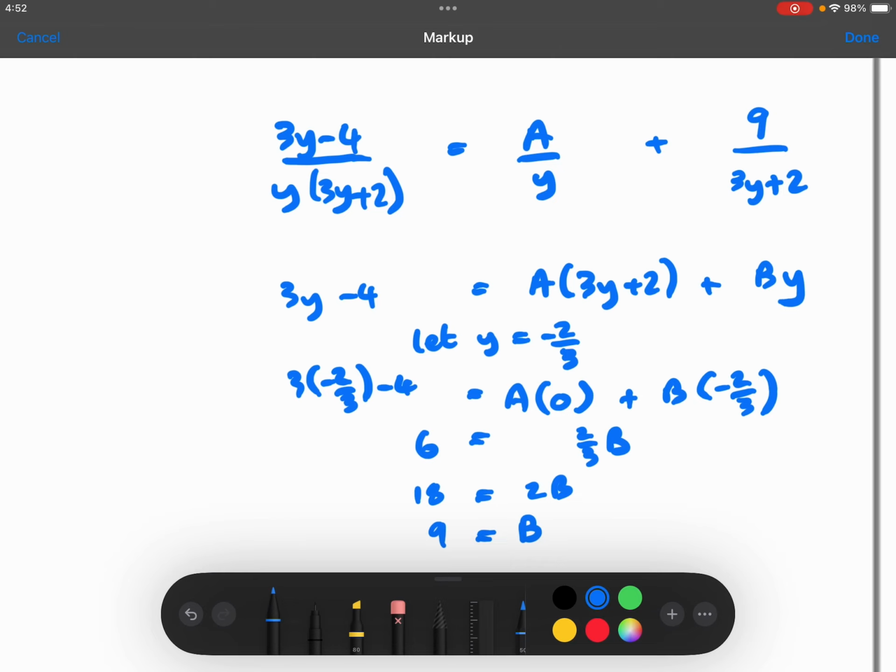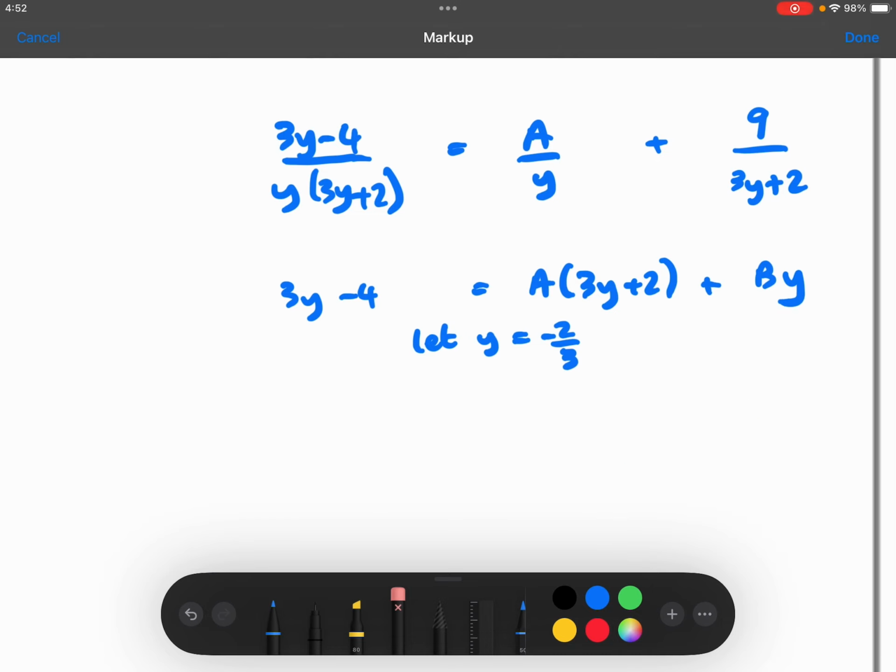Right, let's now work out what a is. So this time I'm going to let y equal 0, because that's going to make this term here disappear.